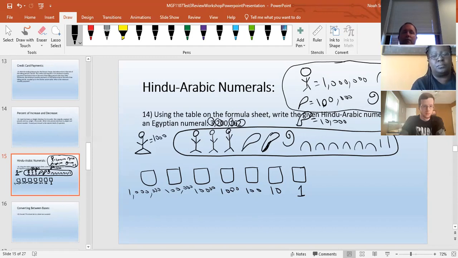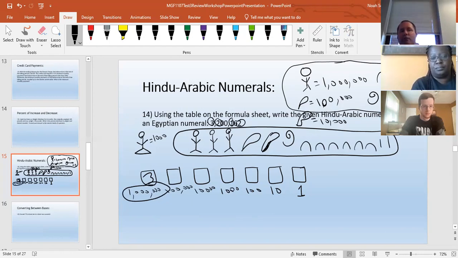But basically you just see how many, and you have to put them in the correct place value. So our problem could have been done, if we were looking at all these place values, we could have understood that there was a 3 there. So we had to draw 3 of them with this value. And that's the idea behind it.